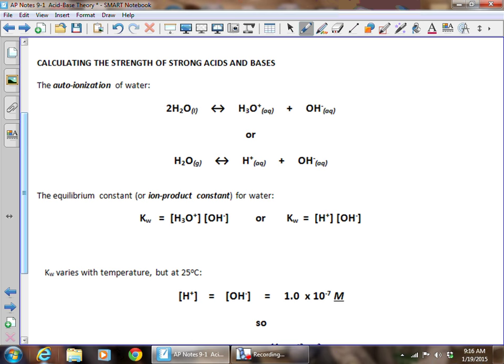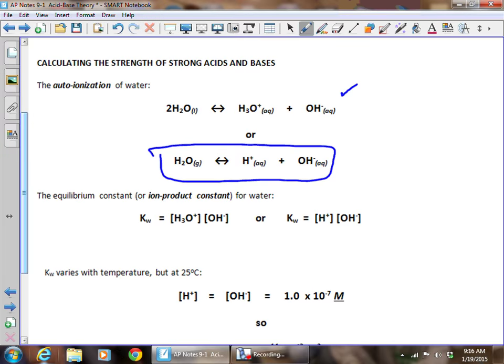Now, we can write it either way. We can write it as the production of a hydronium ion and a hydroxide ion, or we can write it as just splitting it up into hydrogen and hydroxide ions. I will say that I usually write it like this.